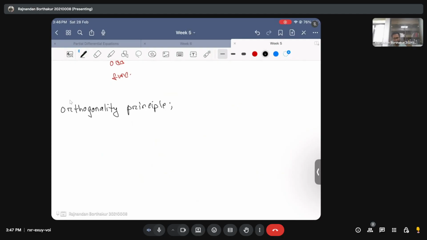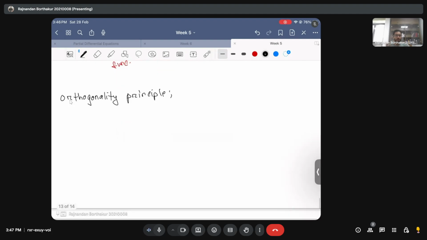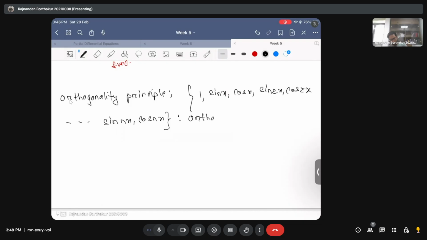The orthogonality principle says that, for orthogonal functions, for instance, I hope you realize that these functions, 1, sine x, cos x, sine 2x, cos 2x, and so on up to sine nx, cos nx, are known as orthogonal functions in the interval minus pi to pi, where x goes from minus pi to pi.